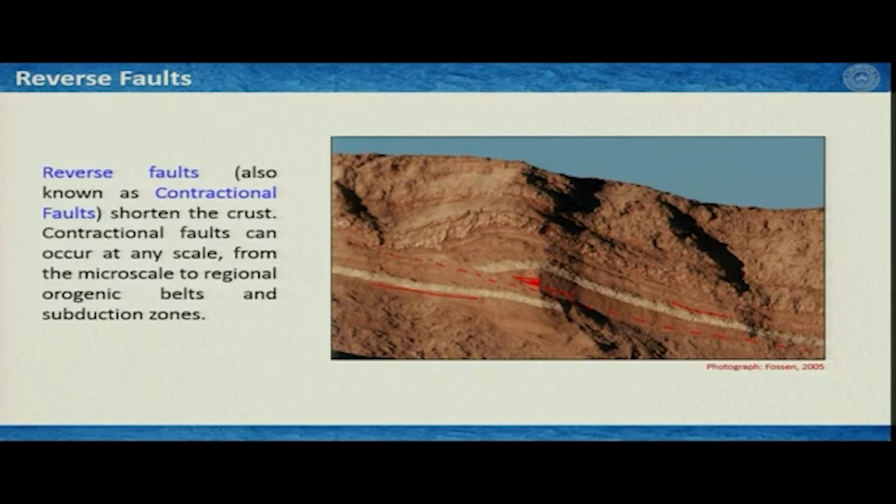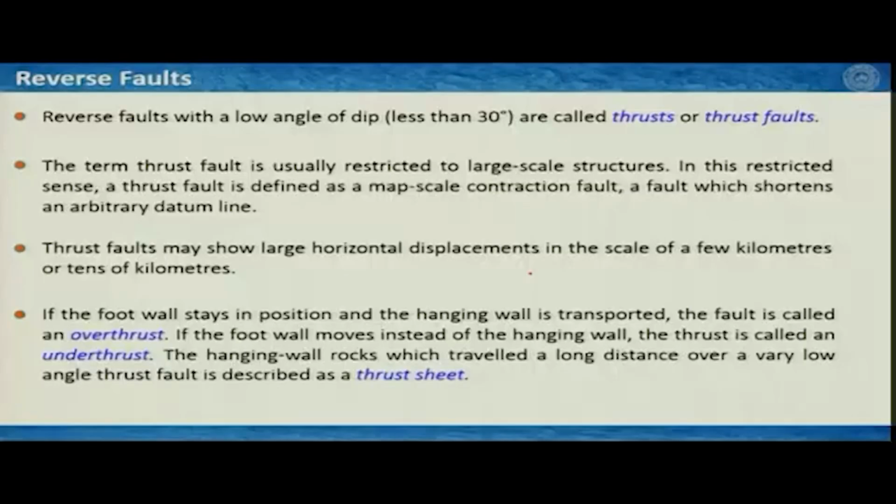And this you see at every scale, from very micro scale to regional orogenic belts, and also in subduction zones. As we have understood from our previous lectures, most of the rocks in the earth are generally under compression, so reverse faults are extremely common, particularly in subduction zones and contractional orogenic belts.